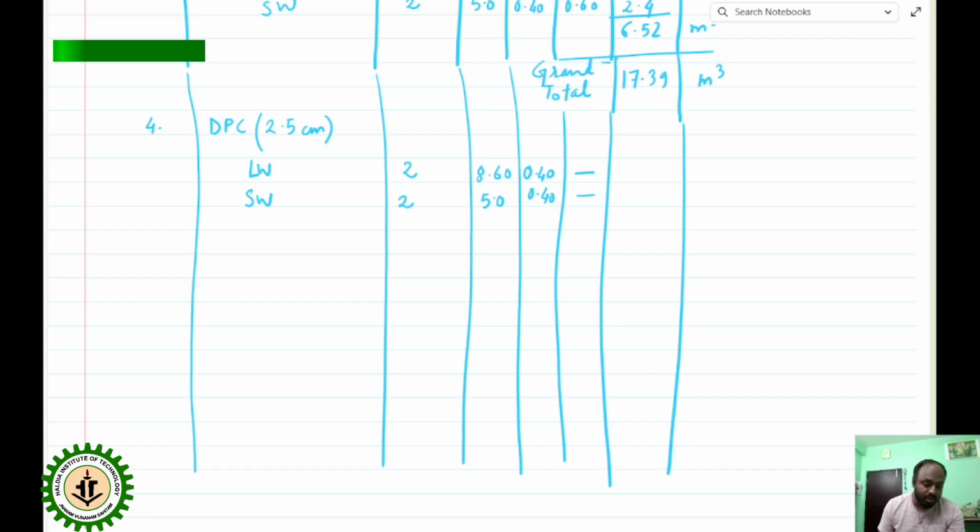That is 2 multiplied by 8.6 multiplied by 0.4. It will give us 6.88, and 5.0 multiplied by 0.4 will give us 4.38 (sic), total 10.88 square meter.